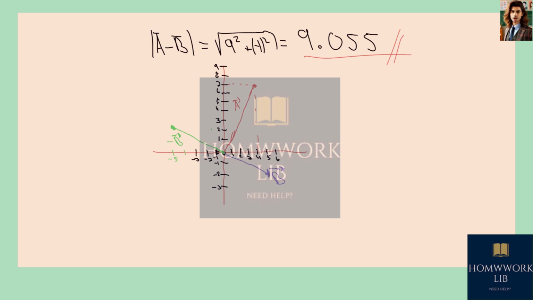And finally, the resultant of a minus b, which I'm going to put in black, a minus b is going to be minus 1 on x, minus 1 on x over here and plus 9 on y. So somewhere over here. So this corresponds to this vector. And this would be a minus b.